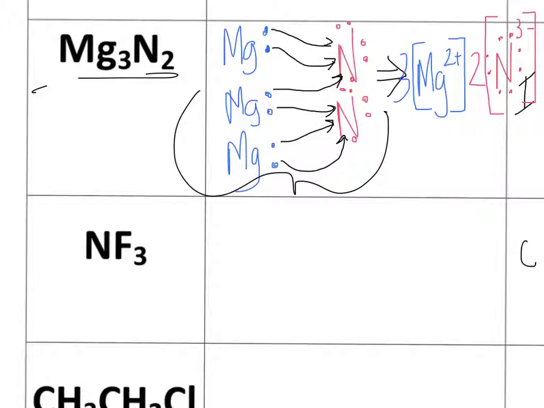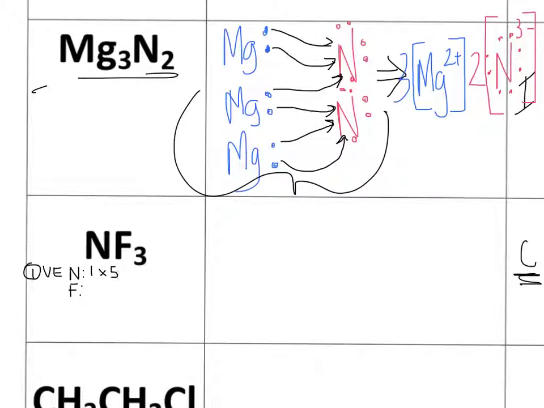Now, let's do another covalent, which is this one down here, NF3. Remember the steps. Step number 1, valence electrons. Okay, you have nitrogen and you have fluorine. Nitrogen has 5 valence electrons.